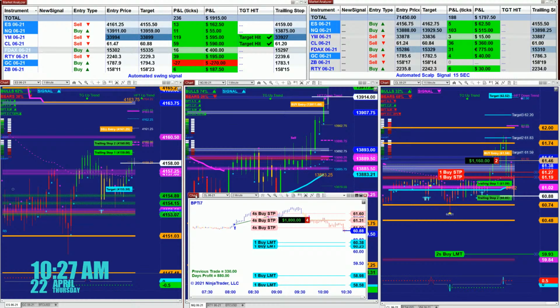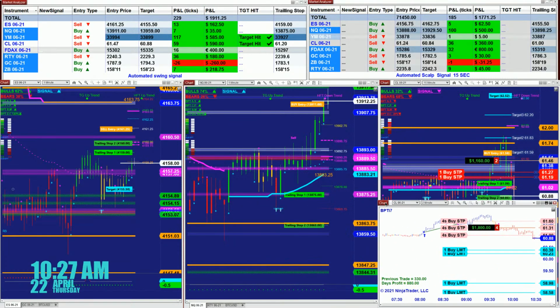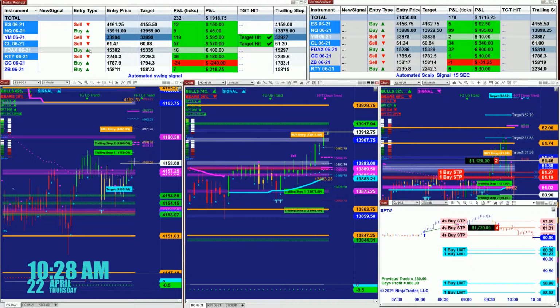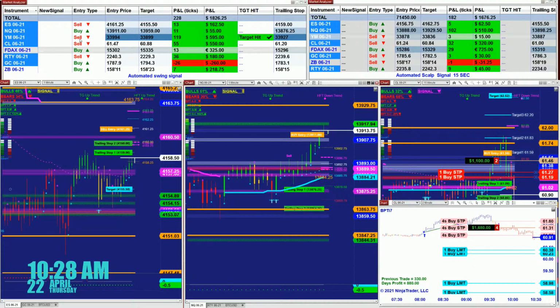Why? The NASDAQ has already found a direction at the moment, a temporary direction, because if we look at the market analyzer, which is the first thing you need to look at in the morning, right now we have a buy on the NASDAQ, we have a sell on the ES, we have a sell on the YM. The market is not synchronized, and each one of them is going in one direction.